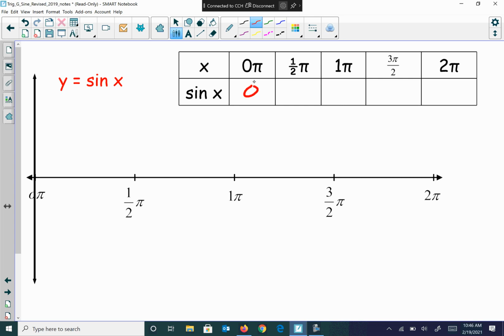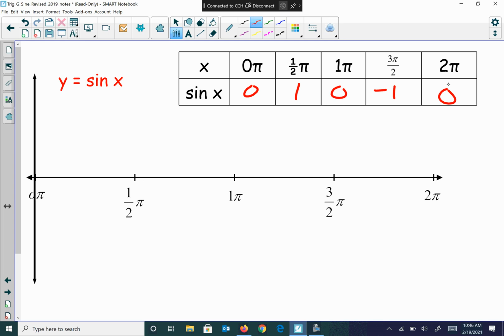At pi halves or 90 degrees, what's the y value? 1. And then what's this one? 0. And then what's this one? -1. And then what's this one? 0. Okay. So this oscillates between +1 and -1. It becomes a wave function.